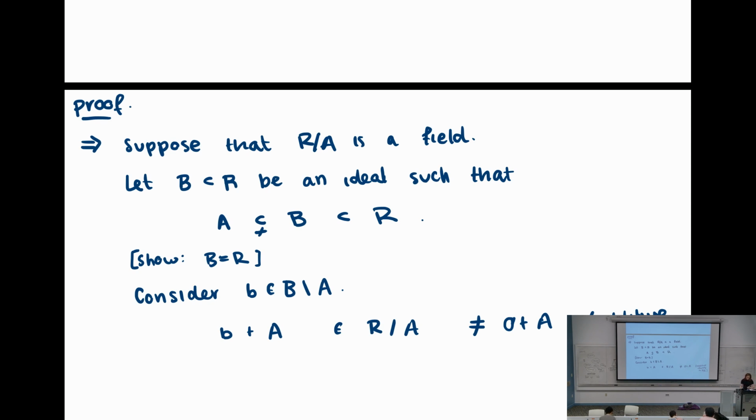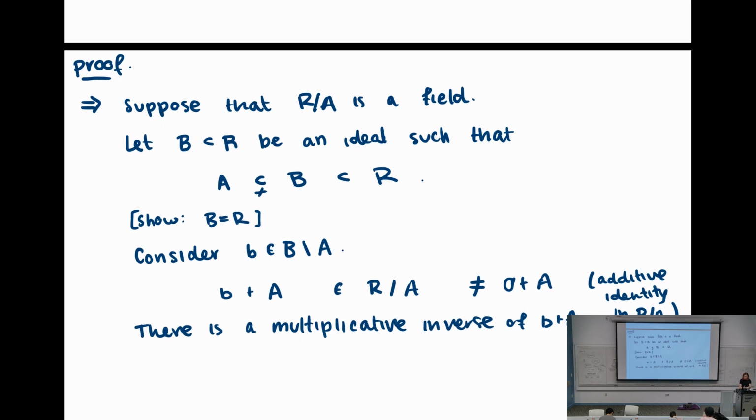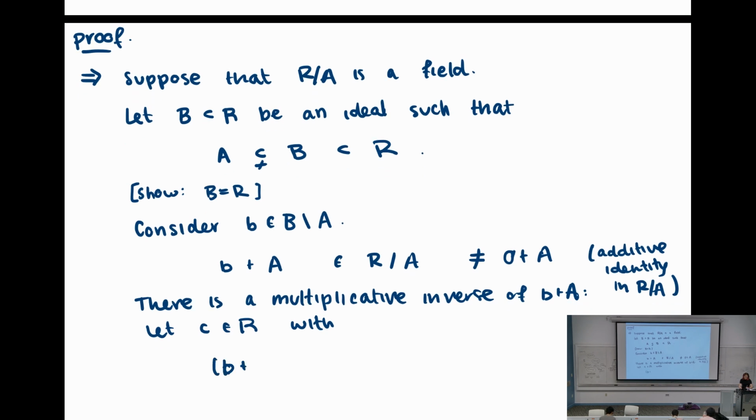So there is a multiplicative inverse of this element, b plus A. So let's call it c plus A. So we'll let c be an element of R with b plus A times c plus A equal to A, or sorry, 1 plus A. Right, because this is the multiplicative identity inside of this ring.